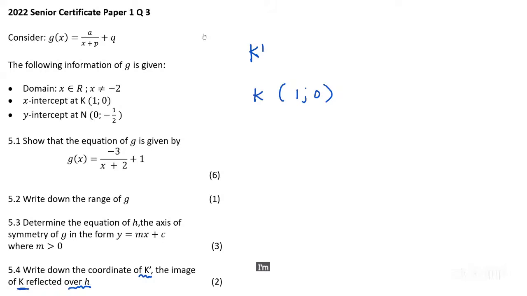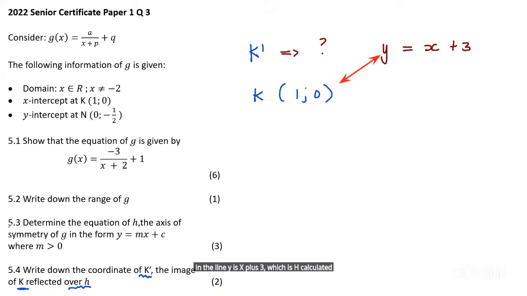I'm looking for K1, the image of K reflected over h. Now, last I checked, h was y is x plus 3, calculated from 5.3. I'm looking for the reflection of the coordinate K in the line y is x plus 3.